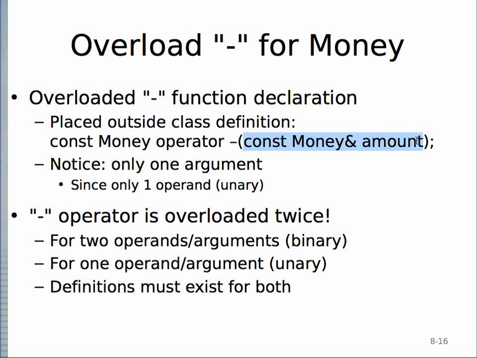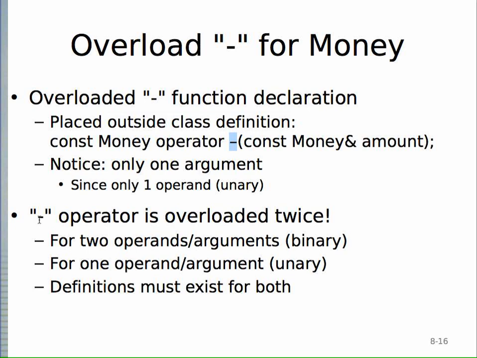So even though it looks the same, we can have two different functions, one with one operand, that's the unary minus, and that's a standalone function, and then one with two operands, that would be the subtraction operator. Okay, so can't stress this enough, there's only one argument because this is the unary operator.